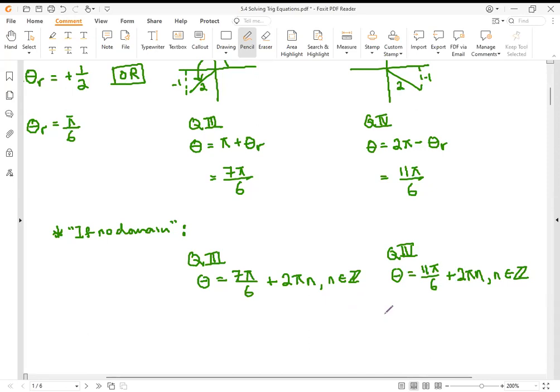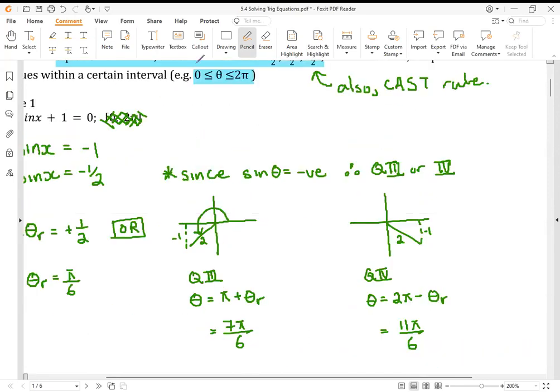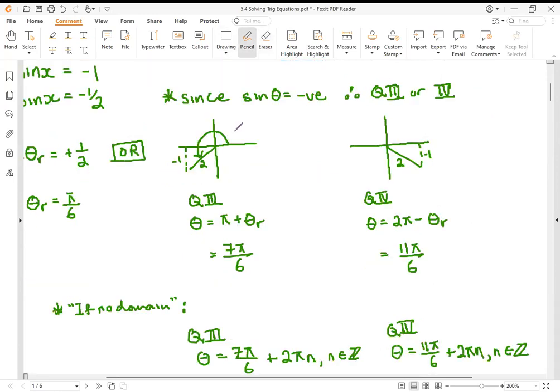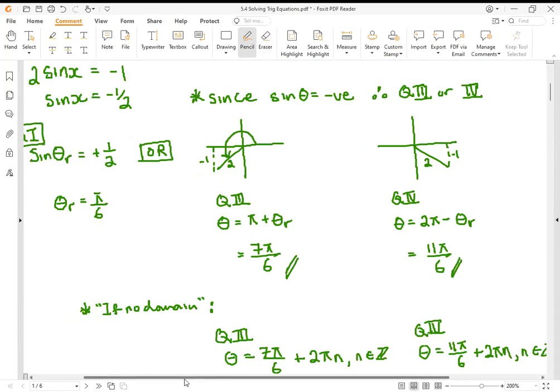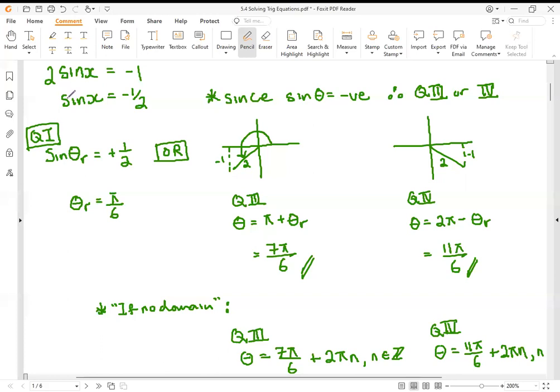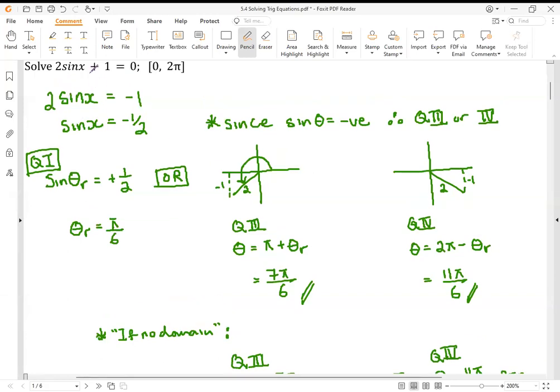Yes? So what's the final answer? For this question specifically, because the domain was given, these 2 are the answers. If I plug in 7 pi over 6 into sine, then multiply it by 2, then add 1, I will get 0. The same for 11 pi over 6.